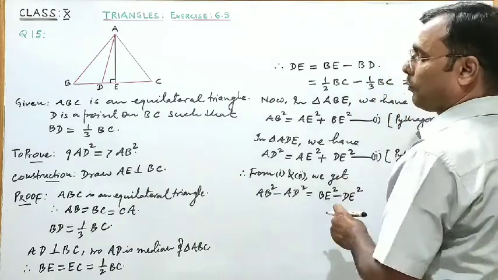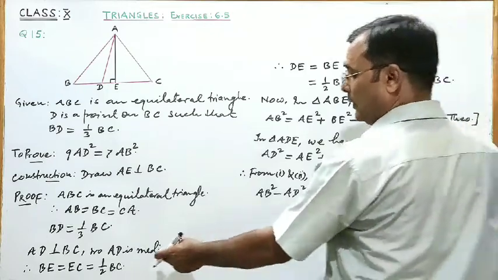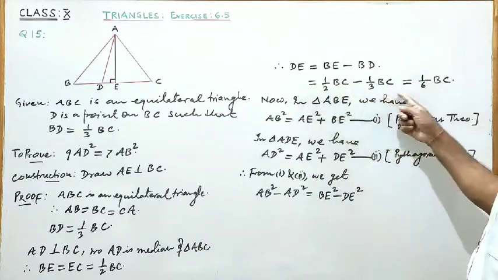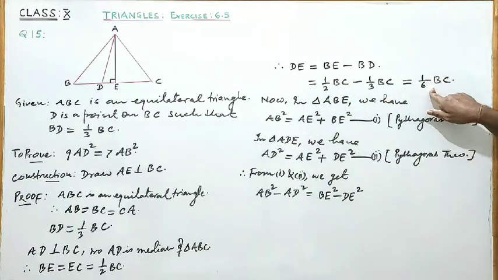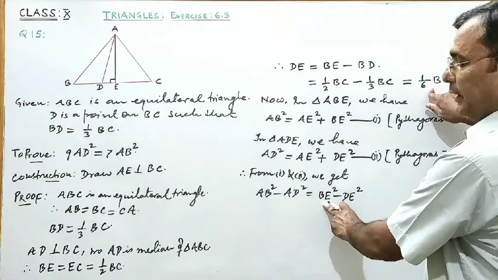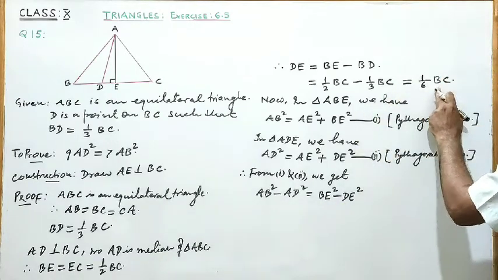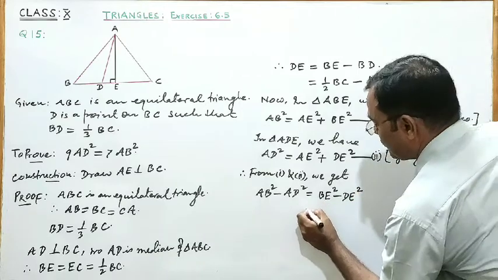BE is equal to half BC and DE is equal to 1/6 of BC. So let us put BE equal to half BC and DE equal to 1 by 6 BC.